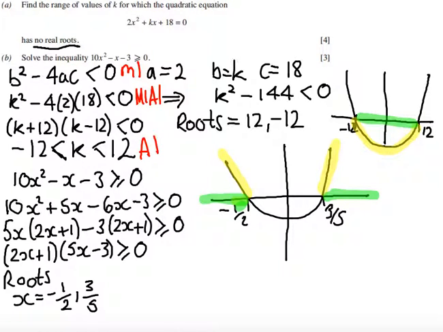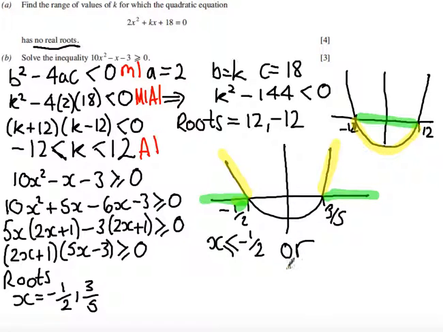Now these are two distinct regions, so let's just give myself a little bit of space so I can match it up to my curve. The region on the left here is x less than, it is an equals inequality, so it can be equal to -1/2. It's x less than or equal to -1/2.